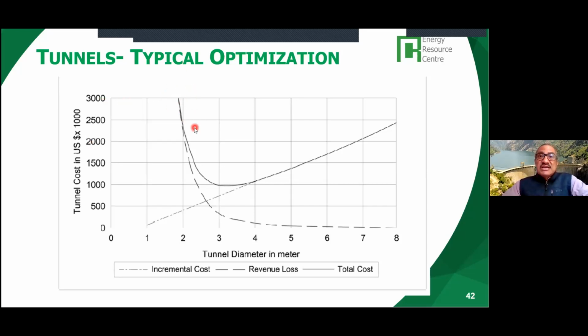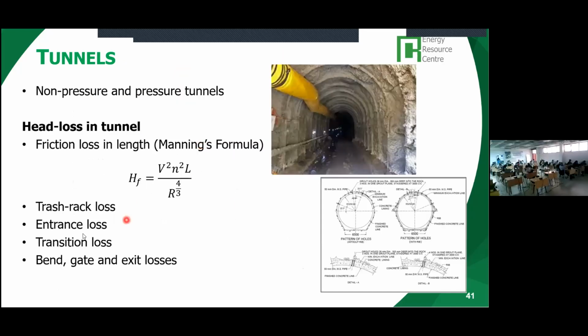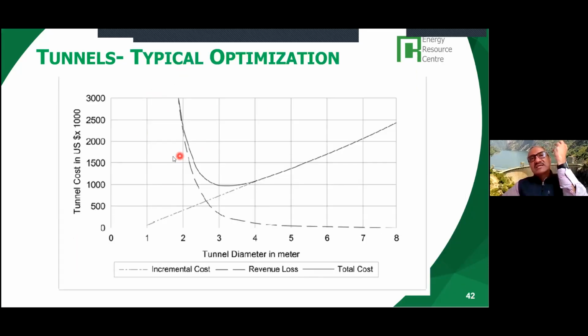The total cost is calculated based on this frictional loss and these head losses in the tunnel. Due to head loss, energy generation decreases, and any decrease in energy means a decrease in revenue. So once you start increasing the tunnel diameter, the head loss decreases and the loss of revenue also decreases.